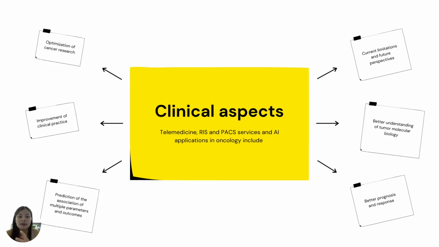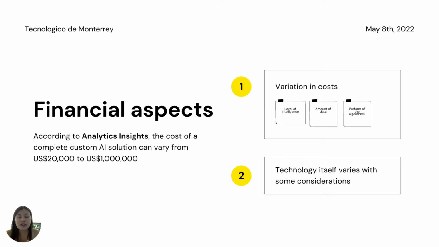And talking about the financial aspect, it is a common misconception that AI costs a fortune and it's only for the tech giants like Google, Facebook, or Microsoft. Improved computer power has actually made it affordable to all organizations in the last decades.